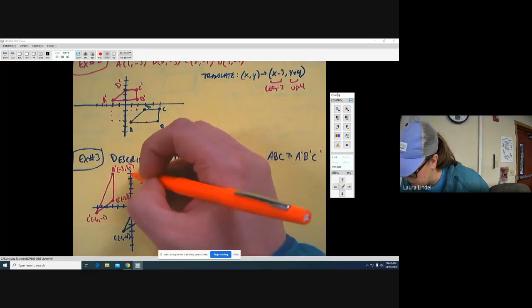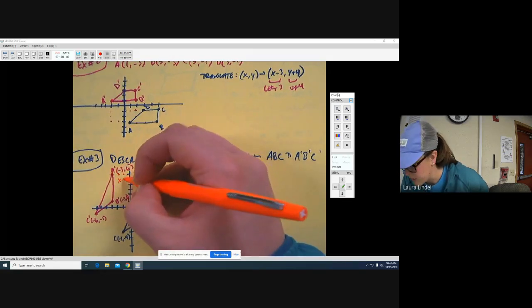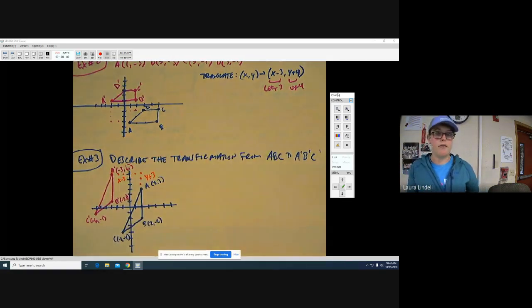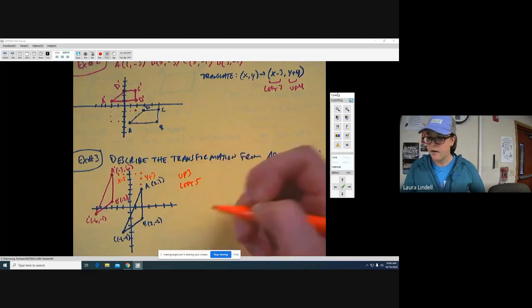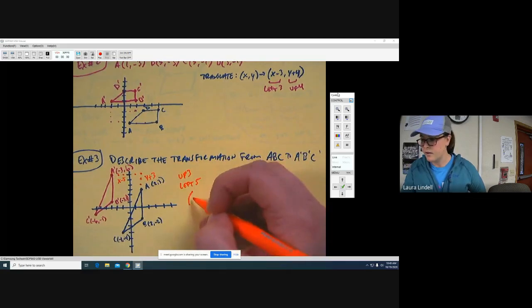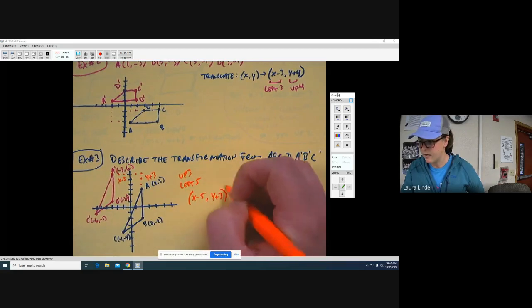So 1, 2, 3, 4, 5. So that would be x minus 5 because I had to go 5 to the left. So that would tell me my instructions are x minus 5, y plus 3.